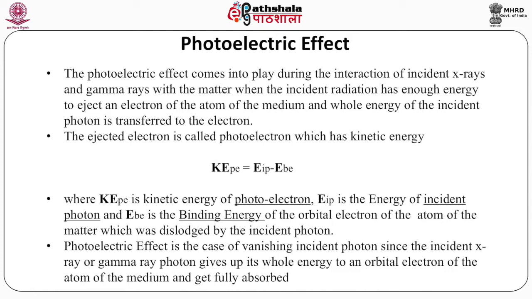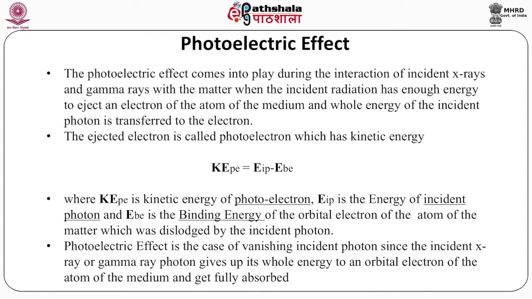The ejected electron is called a photoelectron, which has kinetic energy KEpe equal to EIP minus EBE, where KEpe is the kinetic energy of the photoelectron, EIP is the energy of the incident photon, and EBE is the binding energy of the orbital electron of the atom of the medium which was dislodged by the incident photon.